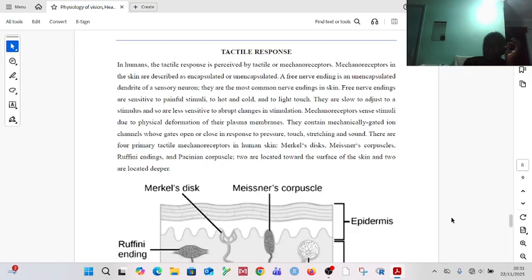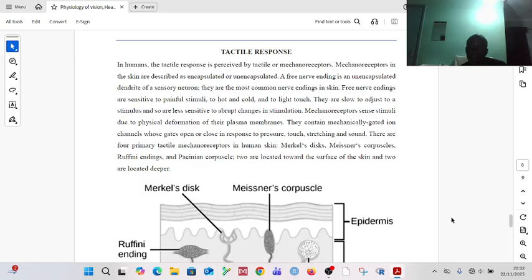So, talking about the human skin, there are 4 primary tactile mechanoreceptors. We have the Merkel's discs, the Meissner's corpuscles, the Ruffini endings, and the Pacinian corpuscles.